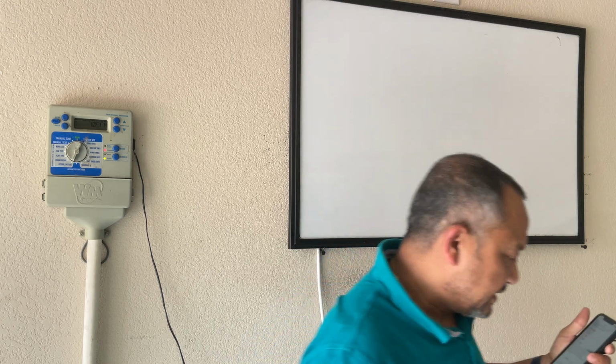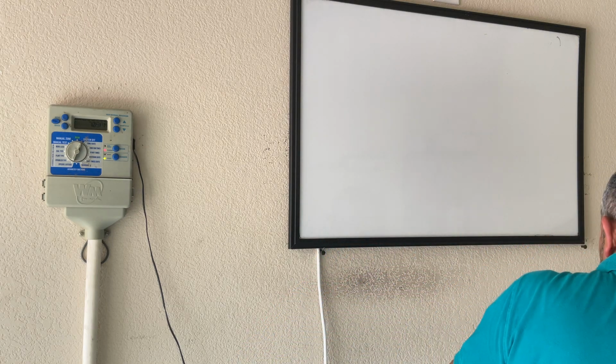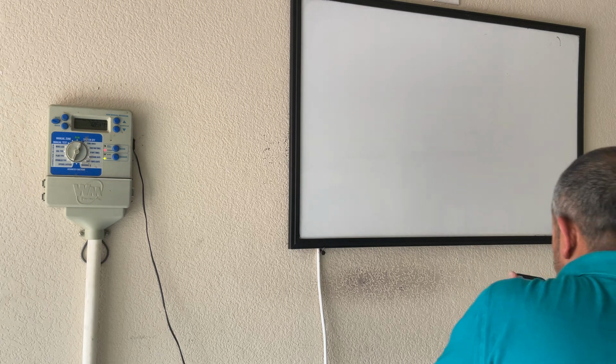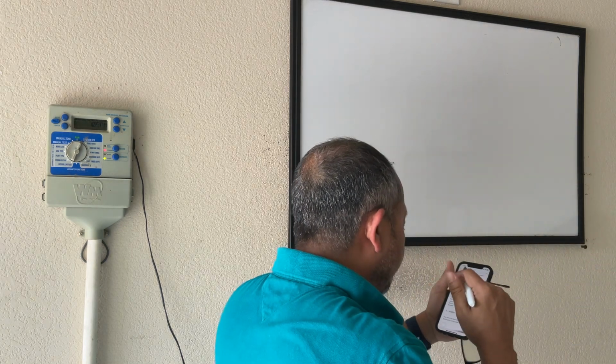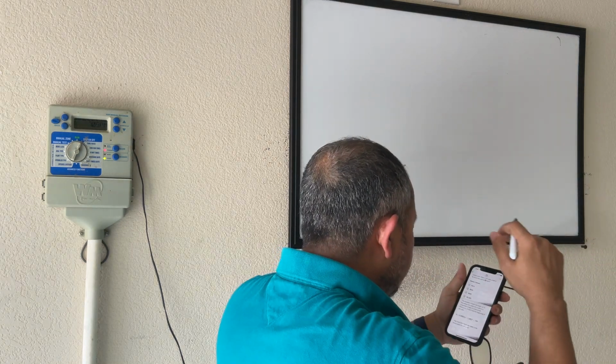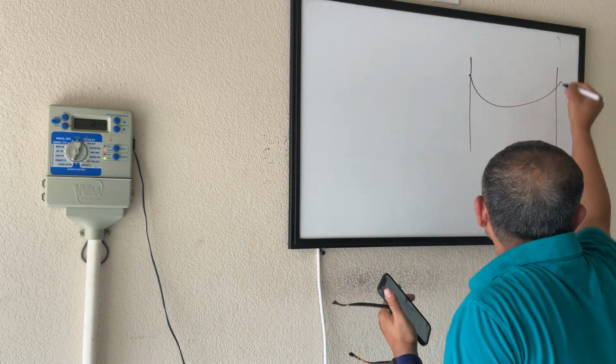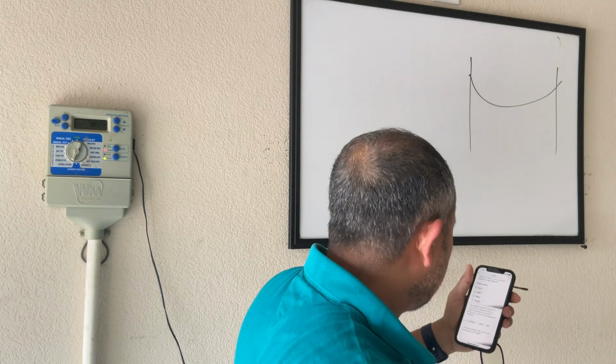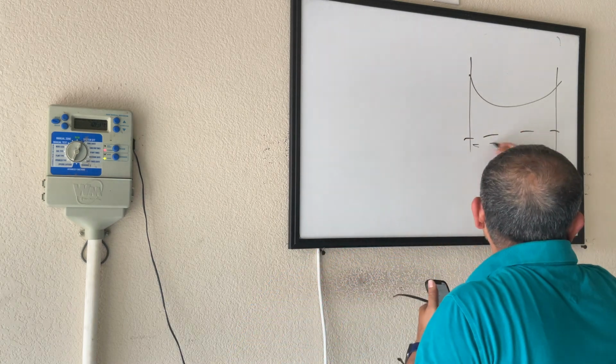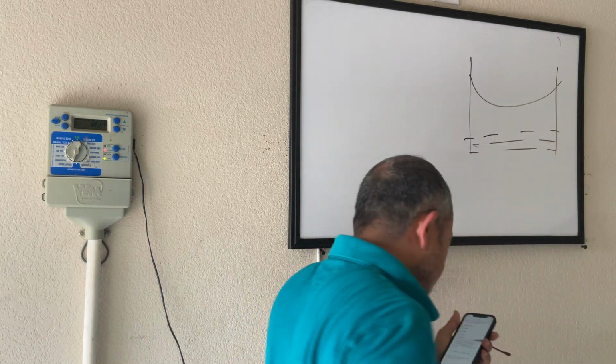Okay? Let's move on. Let's go to one last problem. This says the equation models the height h in feet above the water for a cable in a suspension bridge. So this is a suspension bridge. So here you have water. Look at my drawing skills.